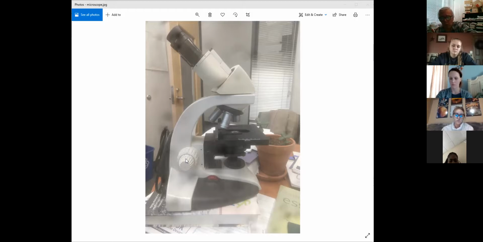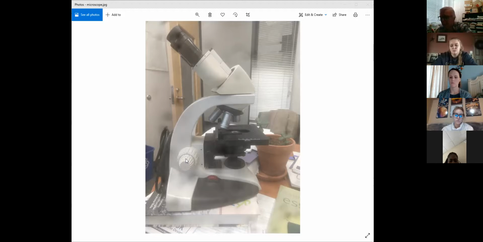And so when you're working on high power, you have a really tiny working distance. And if you use the coarse focusing adjustment, you could crash the slide right into the lens if you weren't careful. That's why you only use fine focusing under high. You can use actually fine or coarse under low, but only use fine under high.